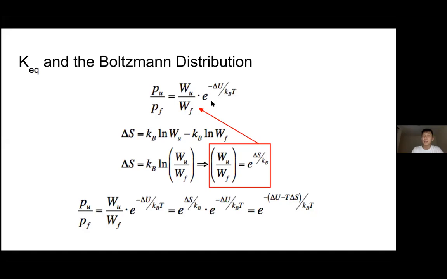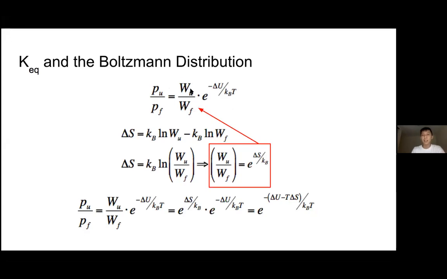But because there might be a number of different configurations, there's only one configuration for folded, but for unfolded you could have many configurations. The relative probability of those two states has to be multiplied by the number of configurations for both states.